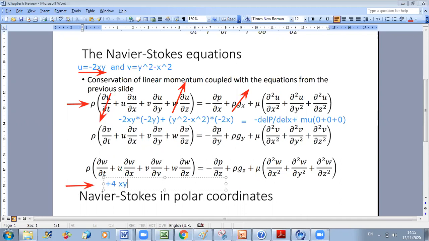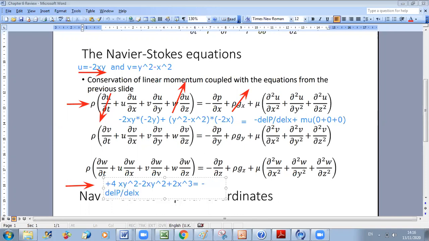And for this term, if I do the expansion, I have minus 2x y square minus 2x y square, and plus, because minus minus, so it's plus 2x cubed, equals minus del p by del x.